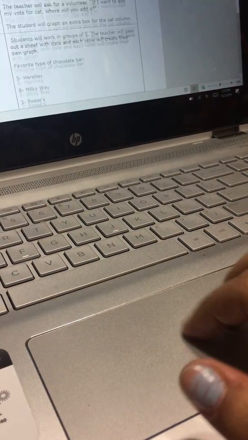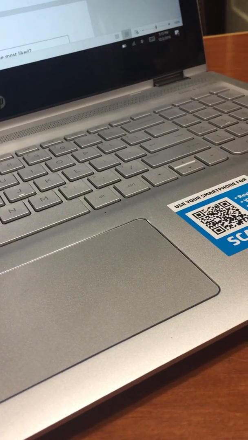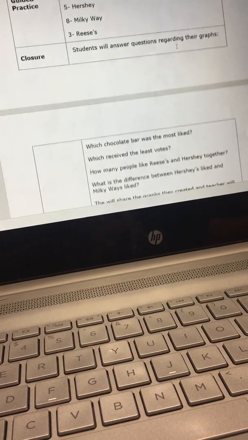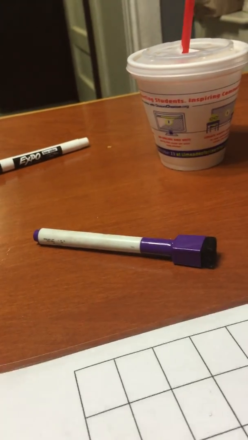So I'm going to give you a graph. Can you erase everything? I'm going to give you the data to fill in for a graph. And then you get to fill it in by yourself, okay?